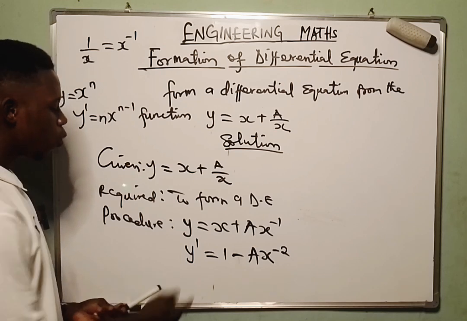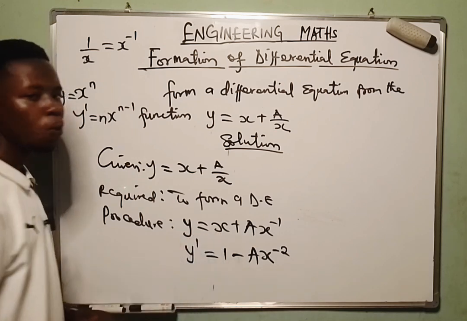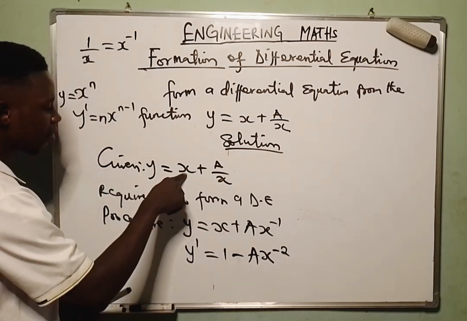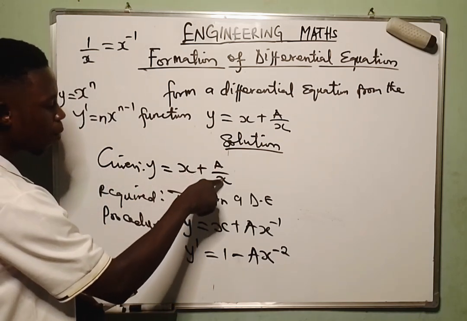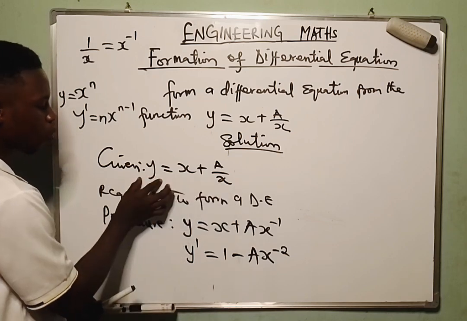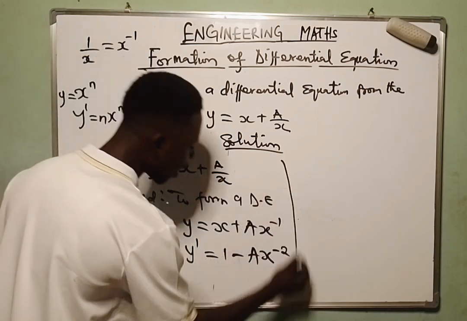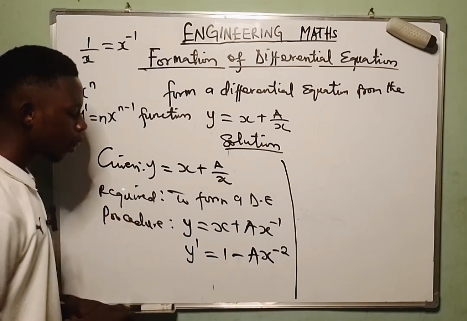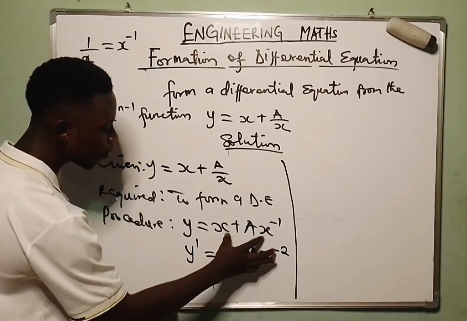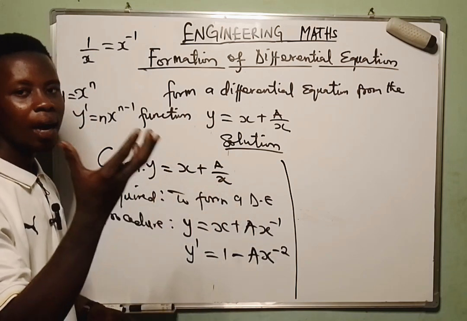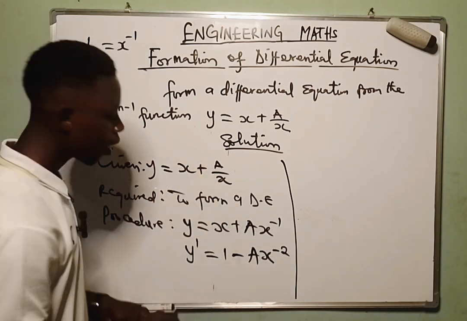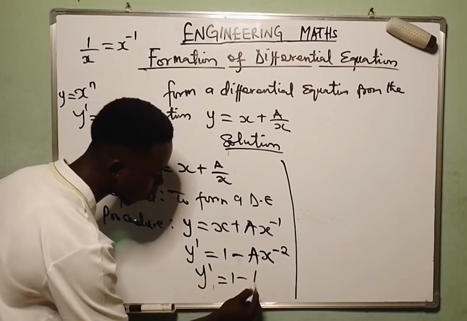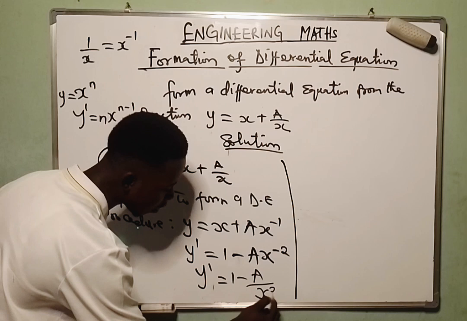We will now come back to our equation 1, which is y equal to x plus a over x. We made a the subject of the formula. Since we have used this particular format to aid our differentiation in a simpler way, let us now bring it down again to its normal format, which is 1 minus a over x squared.